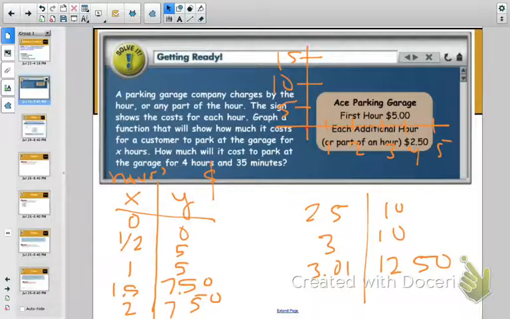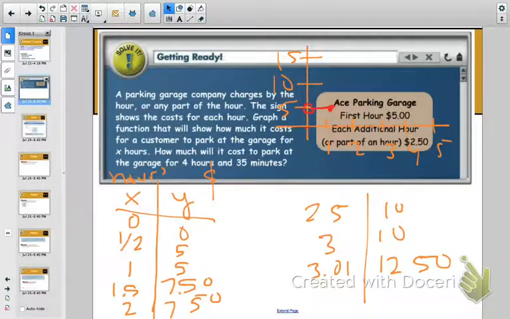We don't really need to plot that, but as soon as you enter the garage, it costs $5. So we're going to put an open circle right there at $5, which represents that it's not actually touching that point, but it's approaching that. So at 0 hours, we go up to 5 with an open circle, and it stays at 5 until you hit that first hour. So we put a closed circle here.